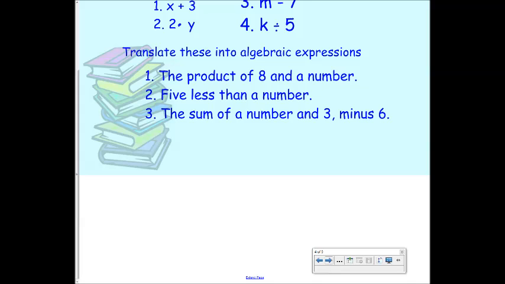Well, when you see a number, if they don't tell you what it is, what should you be plugging in there? X, right? Or any variable you want, okay? So if I want the product of 8 and a number, what would that be? 8 times a number. I don't know what that number is, so I'm going to put 8 times x. Good. Do I need the dot? No. If I write it like this, 8x, that means the same thing.